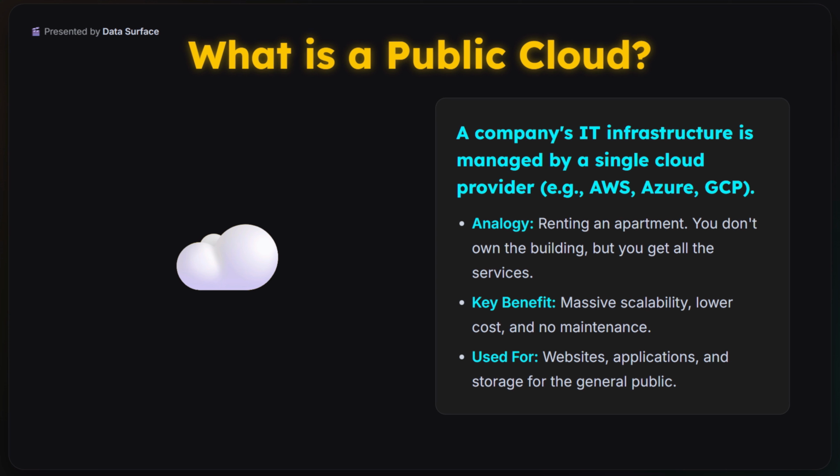The landlord, that's the provider like AWS or Google, handles all the maintenance and security for the whole building. It's cheap, it's easy, and you share the building with other tenants, right? The key benefits are massive scalability, lower cost and no maintenance, and it's mostly used for websites, applications and storage for the general public.